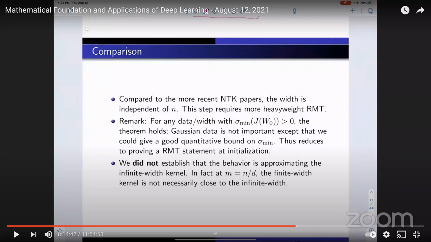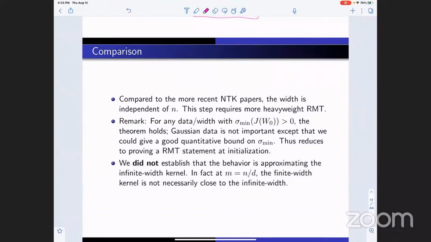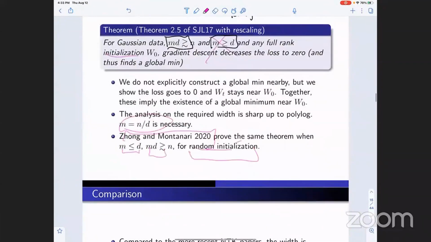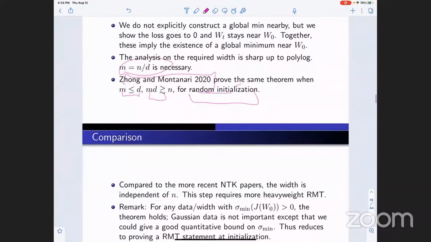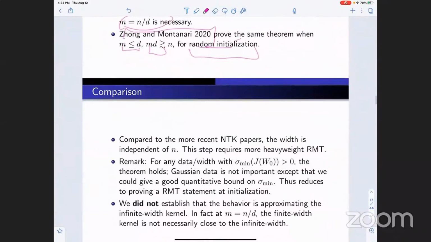Milan, go on. And you'll notice that the width depends on n in the weakest way. It's actually sublinear, it's n over d. Compared to the papers that follow, usually you would need m bigger than a polynomial of n, very large polynomials, at least n squared, from what I remember.